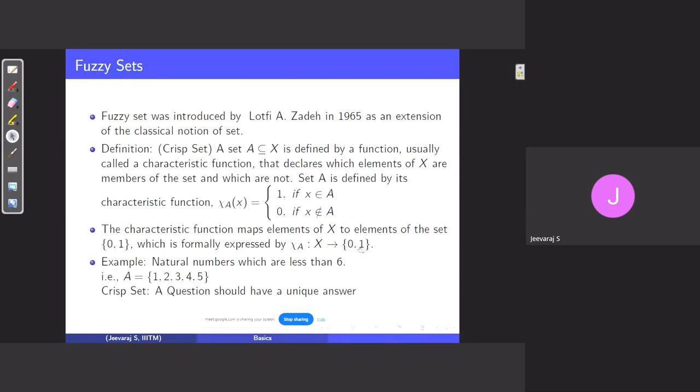Conventional mathematics relies on classical sets, and classical sets rely on two-valued logic or binary logic. Now we wanted to increase this logic. We wanted to study multivalued functions. To understand multivalued functions, we need to know what is happening in the case of set theory. That is the reason why I have discussed this.